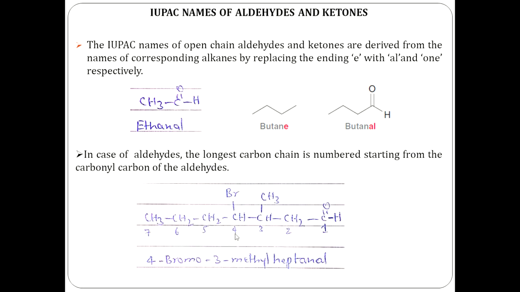At the fourth carbon, a bromo group is attached. At the third carbon, a methyl group is attached. Therefore, this compound is named 4-bromo-3-methylheptanal because it has 7 carbon atoms.